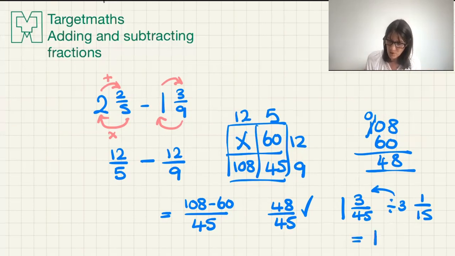My final answer is 1 and 1/15. And that is the method that I think is really neat and easy to follow, and with practice becomes just a breeze, an absolute breeze. So that is the method for adding and subtracting fractions and mixed numbers.